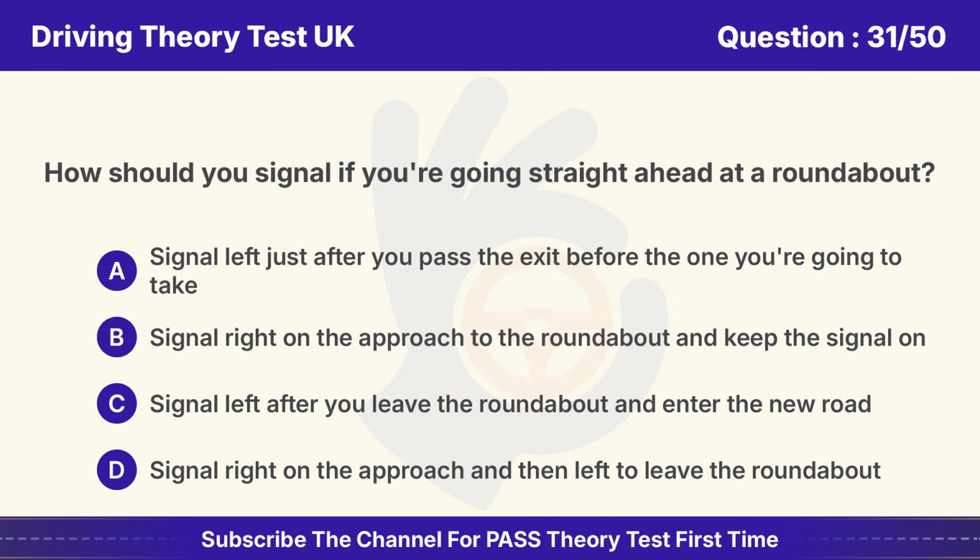Question 31. How should you signal if you're going straight ahead at a roundabout? Answer is A. Signal left just after you pass the exit before the one you're going to take.